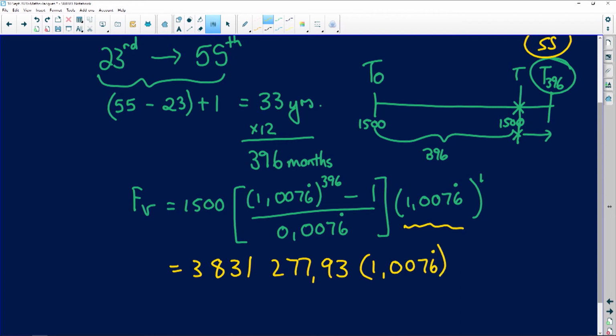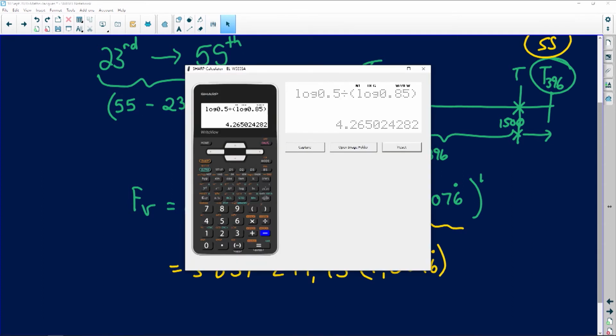1.0076 recurring. So let's calculate that here with our calculator. Let's reset that.